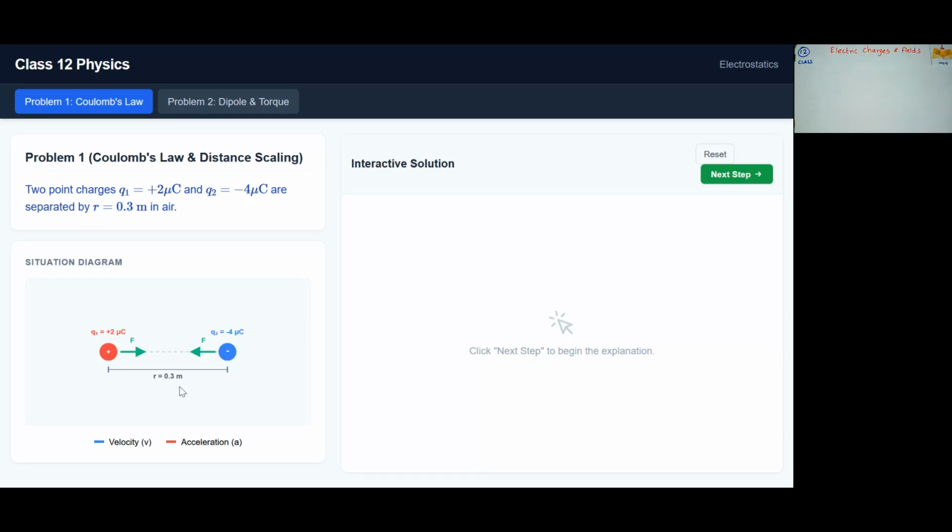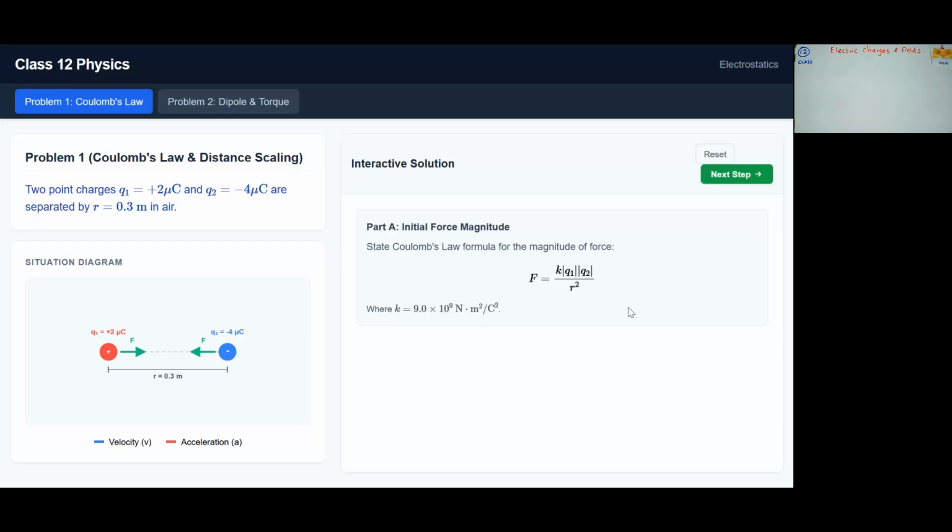First of all, in part A, we need to find the exact magnitude of the force. The law we use to find the force between two point charges is Coulomb's law.